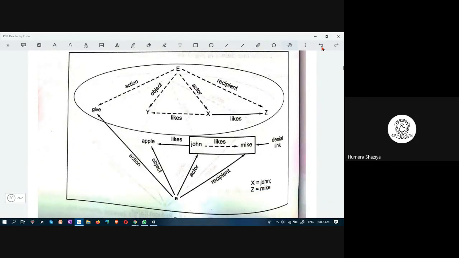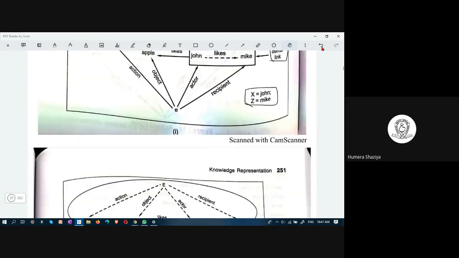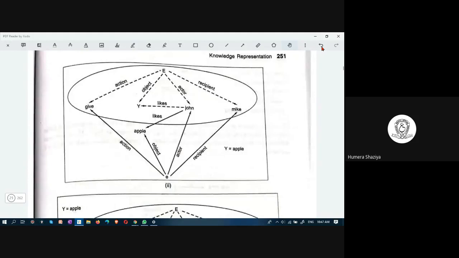John likes Mike. Actually, here you see all bindings happening and addition of the denial link. When the denial link is added and these assignments take place, you look at here. Here we know that John likes apple.